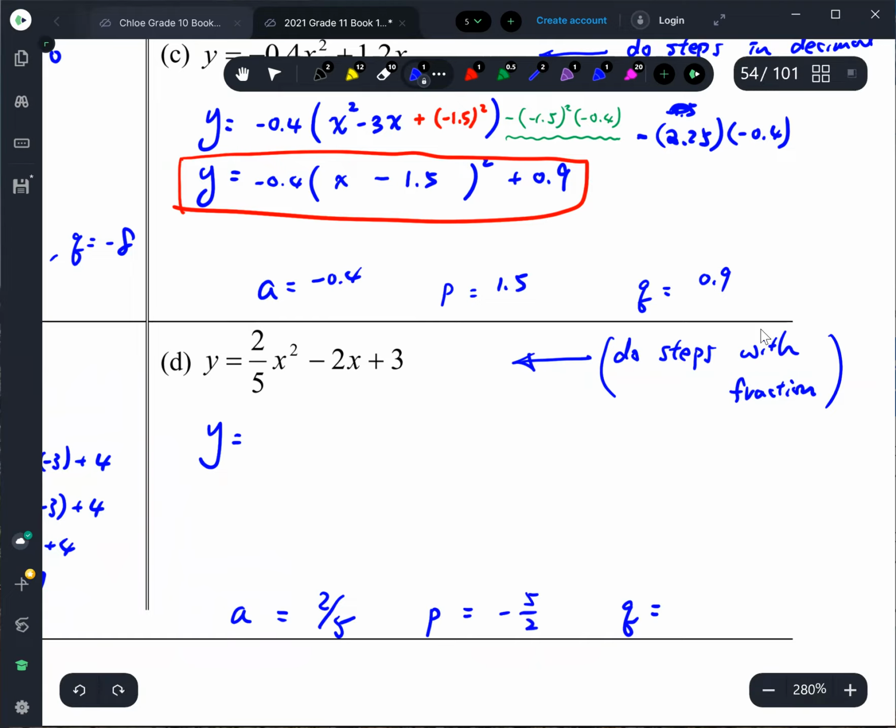And Q is 59/10. Okay, wow, big number. Thank you, Isabella.